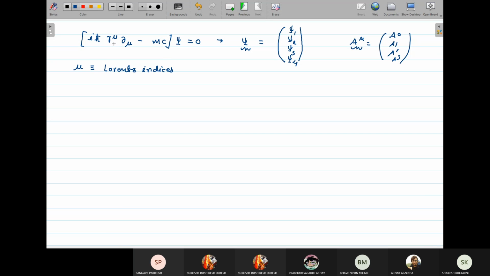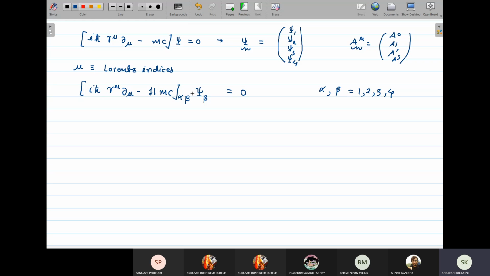If you want to expand this matrix equation in component form, you should have written i ħ γ^μ ∂_μ minus identity mc, the alpha beta element, then psi beta equal to 0, where alpha and beta run from 1, 2, 3, 4, not 0, 1, 2, 3.